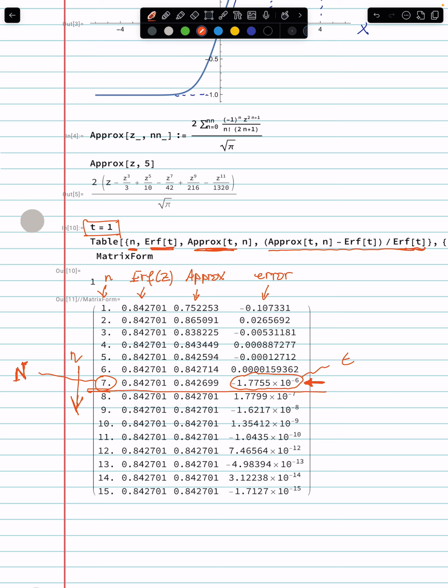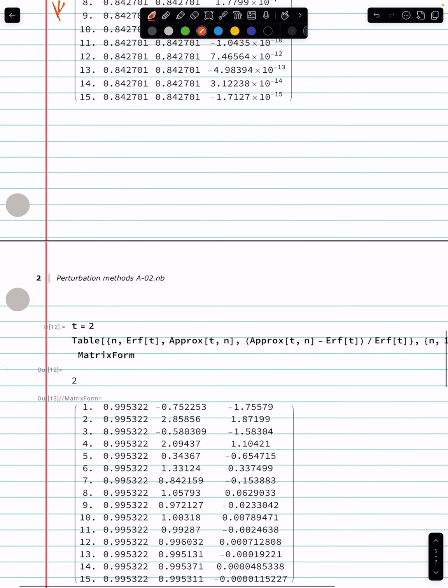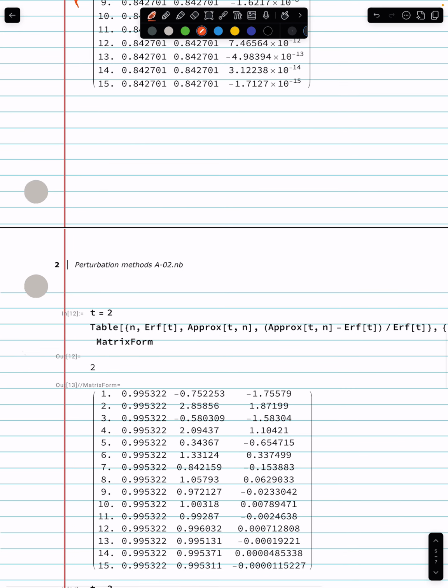All right. Let's see what this provides when z is equal to 2. So we have exactly the same thing, except that this time t or z, the value at which we want to evaluate the error function, is equal to 2. This is n, the truncation order. This is the error function of t. We do expect the actual result to be close to 1. This is our truncated approximation, and this is here the error.